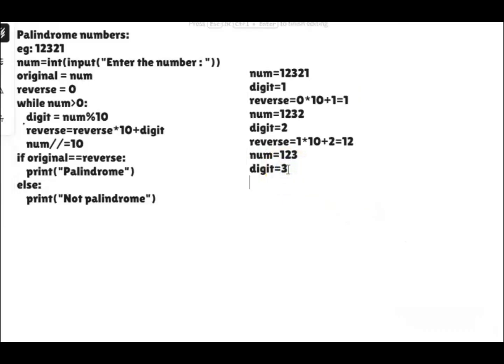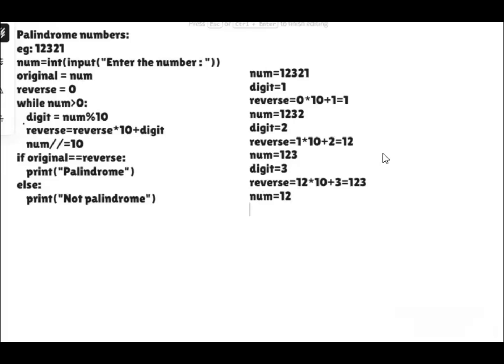The digit becomes 3, and we use reverse again. The last value of reverse is 12, so 12 times 10 plus 3 becomes 123. Similarly, num becomes 12.